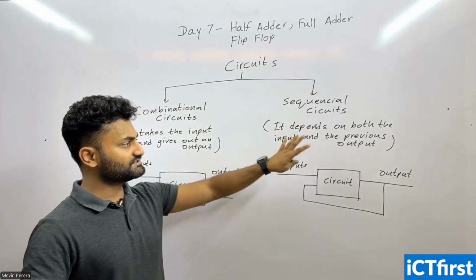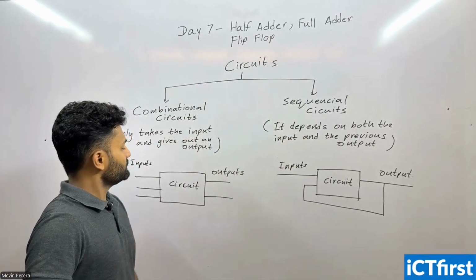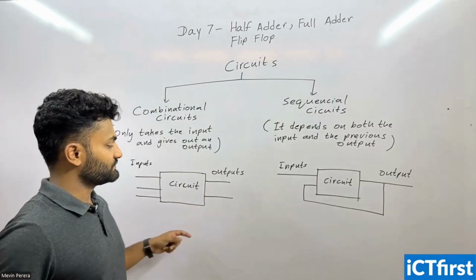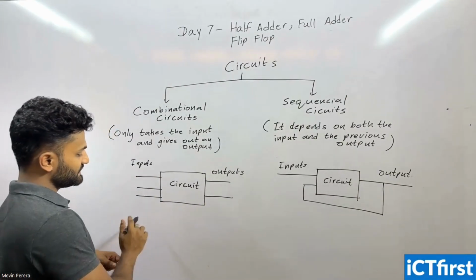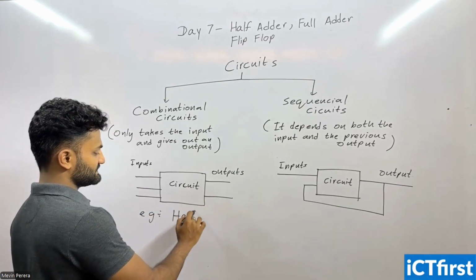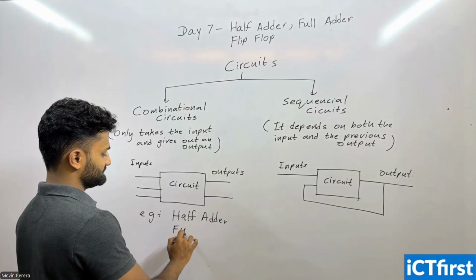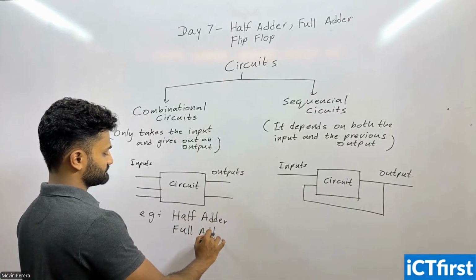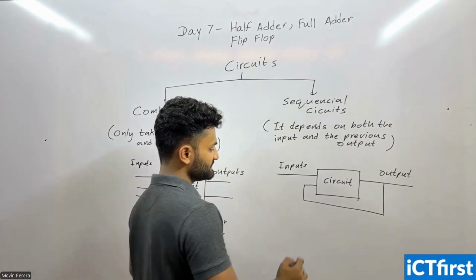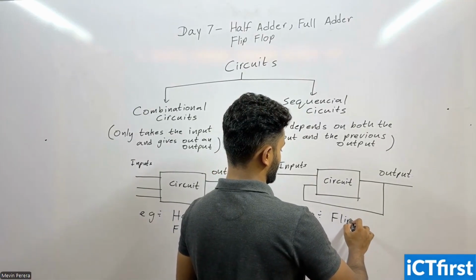You will understand this more when we do the examples. Examples of combinational circuits in your syllabus are the half adder and full adder. Those are combinational circuits. For sequential circuits, we have the flip-flop.